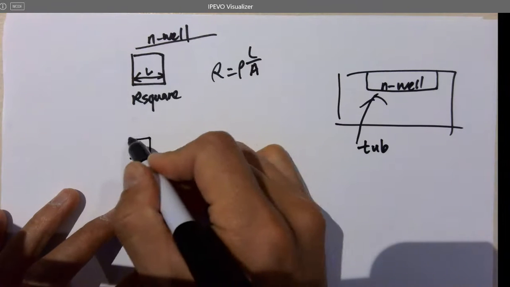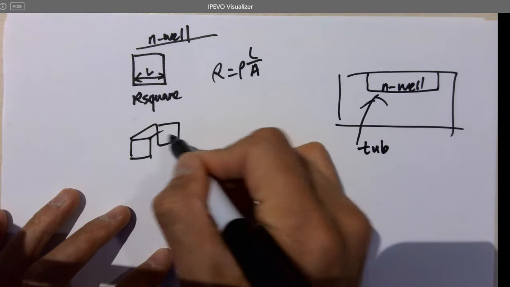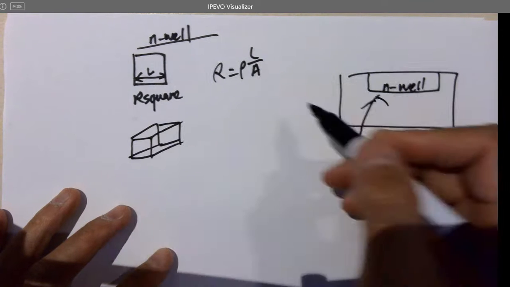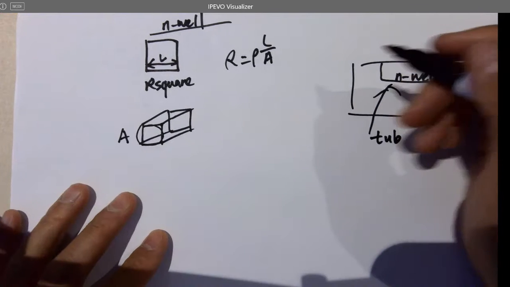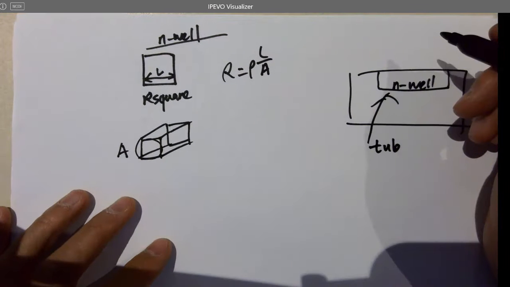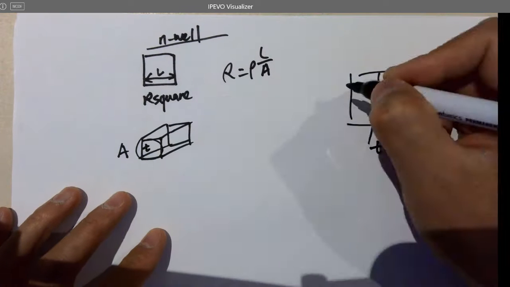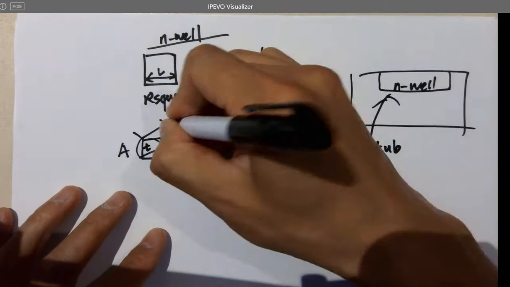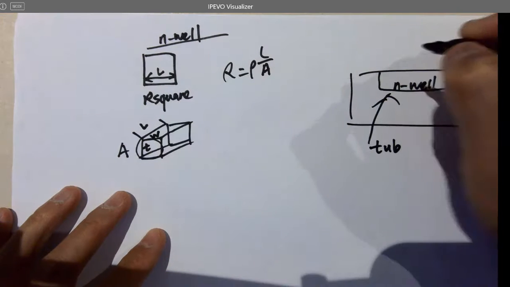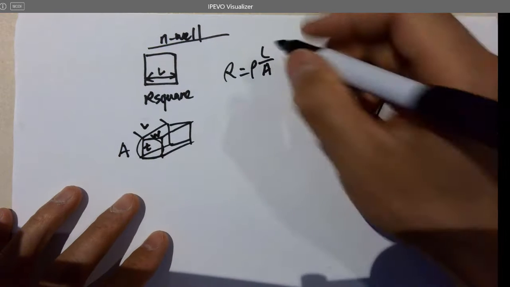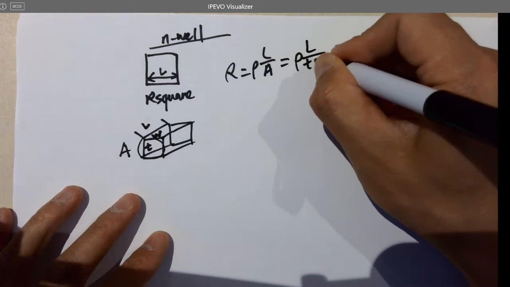Like this. So this is A. A equals what? T times W, this is the width. So this equals rho times L over T W.